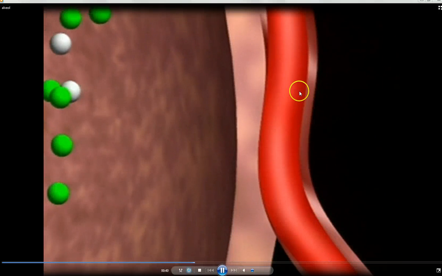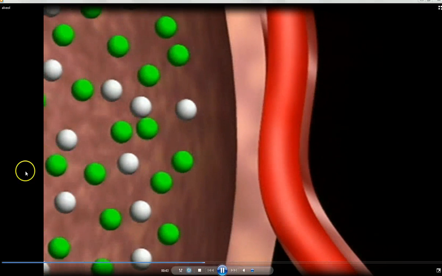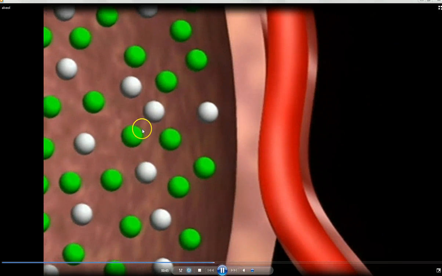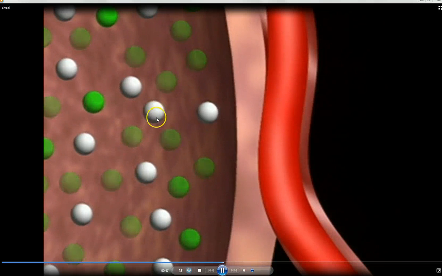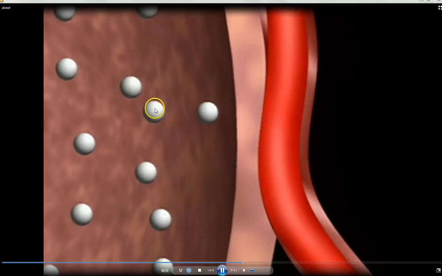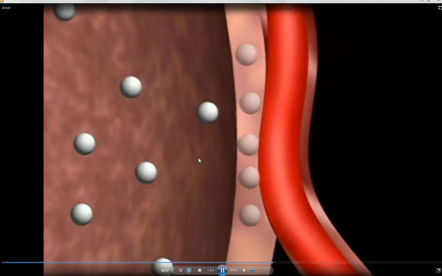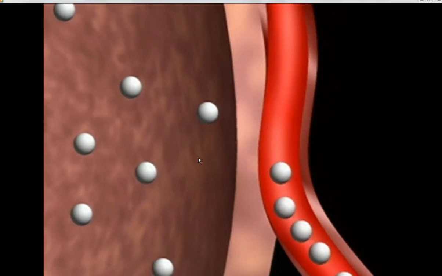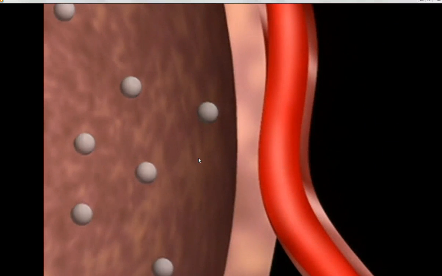See the adjacent capillary? Air is entering here. We have different gas molecules. That might be nitrogen there. That's oxygen. The white one is what we're interested in, white oxygen molecules. High density of those in the air. By diffusion, some of those oxygen molecules will diffuse into the bloodstream and therefore be delivered to the cells of the body.